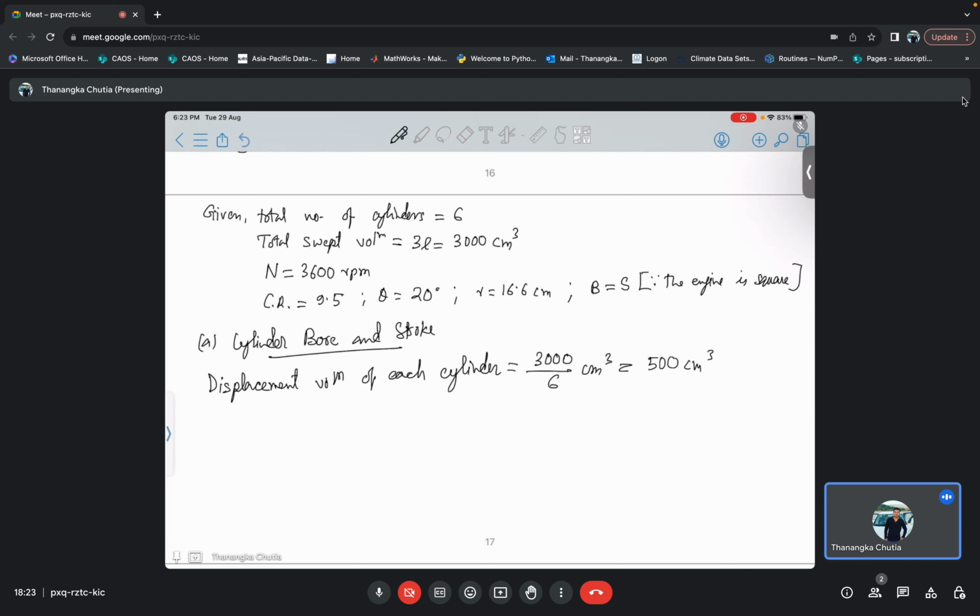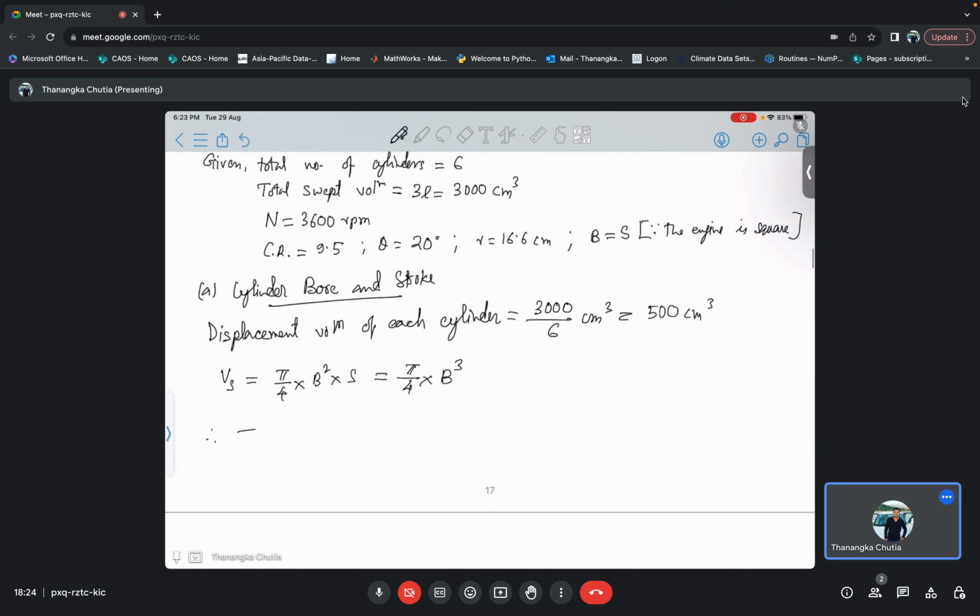Now displacement volume of each cylinder can also be written as Vs is equal to pi by 4 into B square into S. Yes or no? Now since B is equal to S, this can also be written as pi by 4 times B cube.